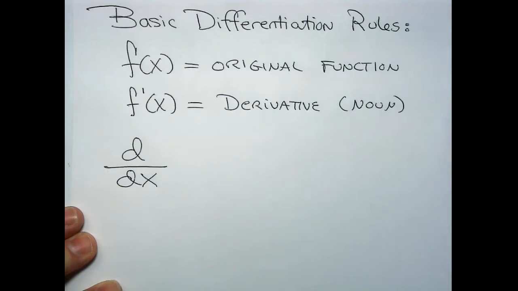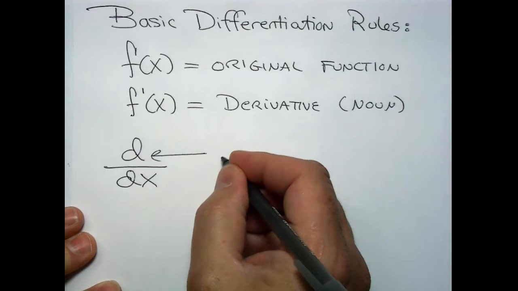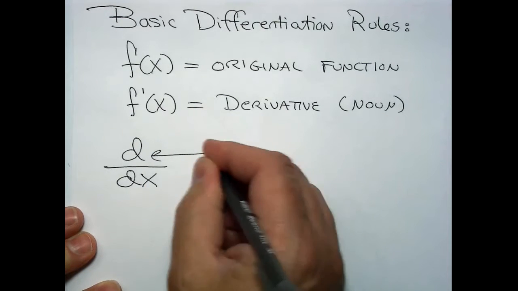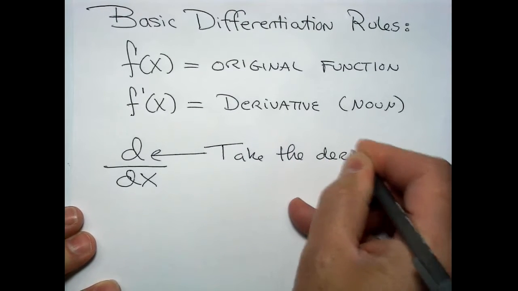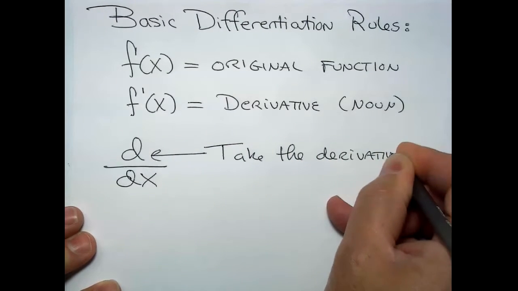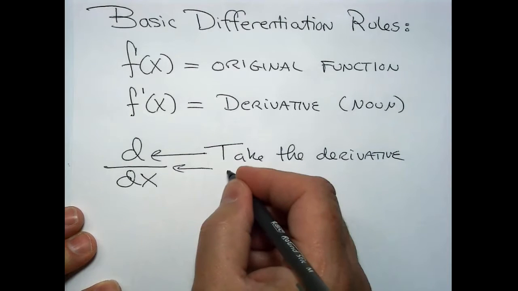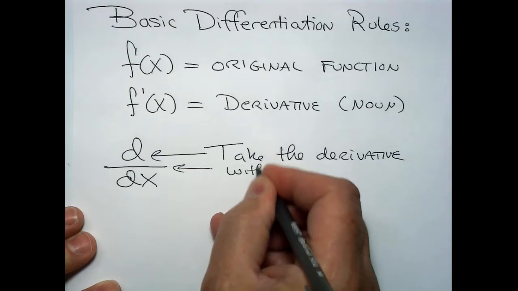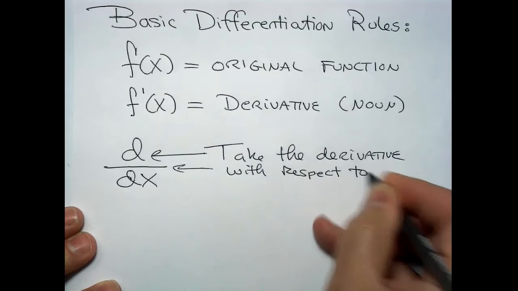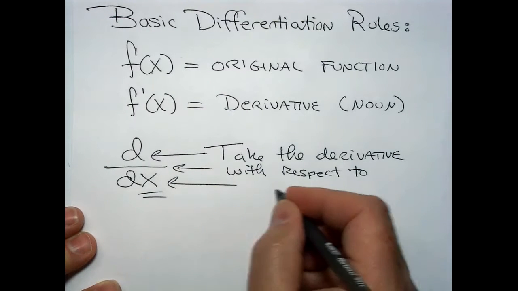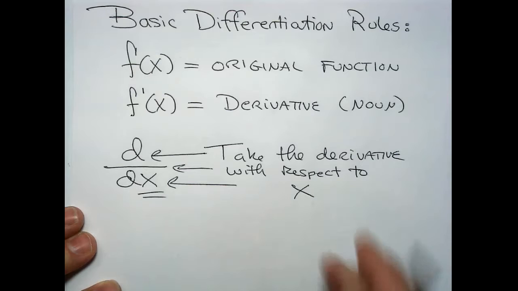d dx. This d, I guess you could interpret as take the derivative. D for derivative. Maybe this line here you can think of as the words with respect to x.